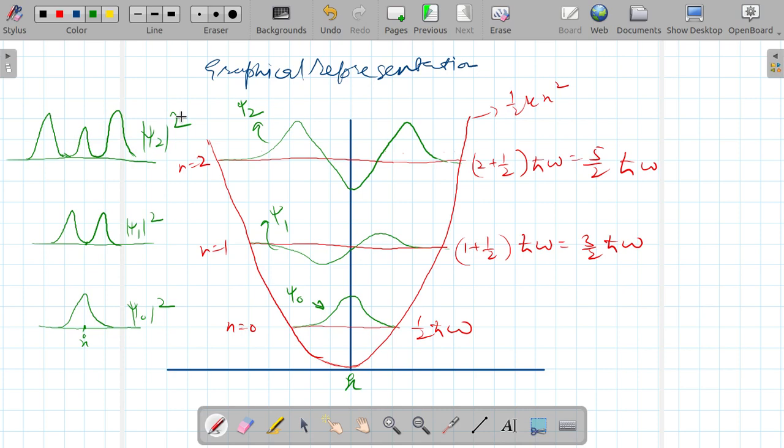Here we talk about different probabilities in the different regions for different states, meaning the ground state, first excited state, second excited state, and so on.